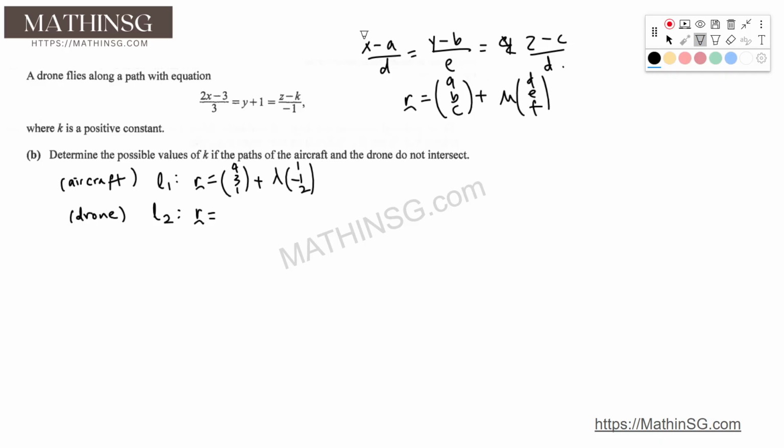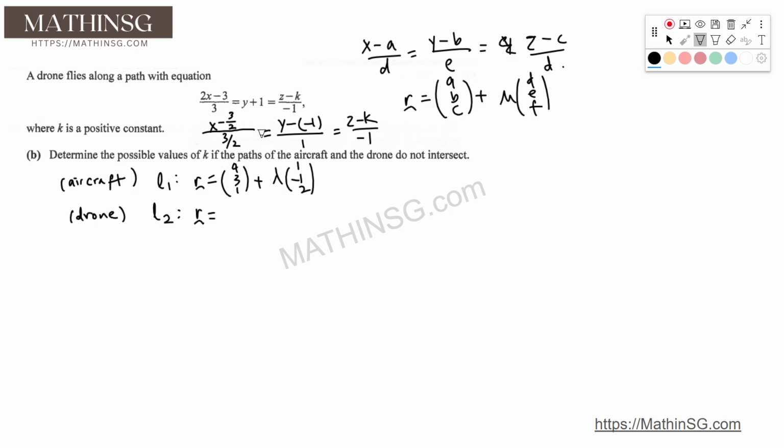So it should be written in this form where x, y, and z each have a coefficient of 1. I'll just rewrite it. I can bring my 2 downwards, so this will be (x minus 3/2) over (3/2) equals (y minus negative 1) over 1 equals (z minus k) over minus 1.